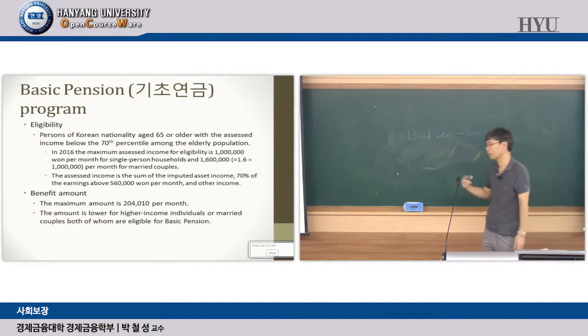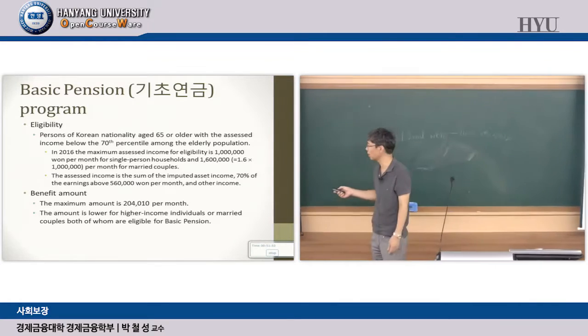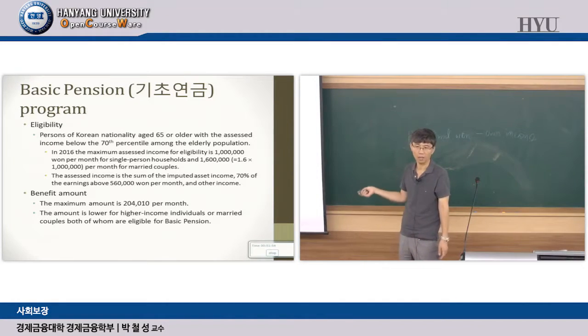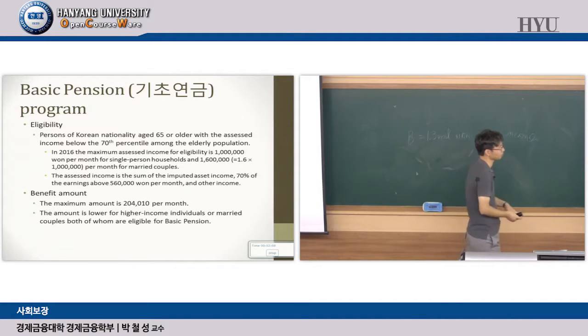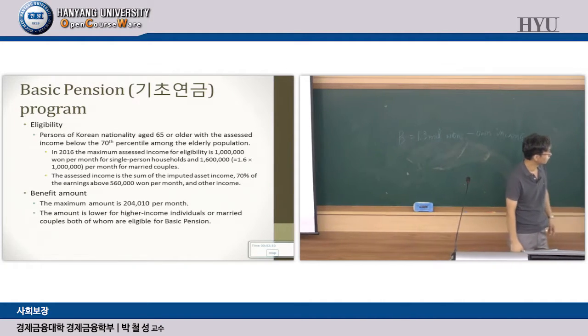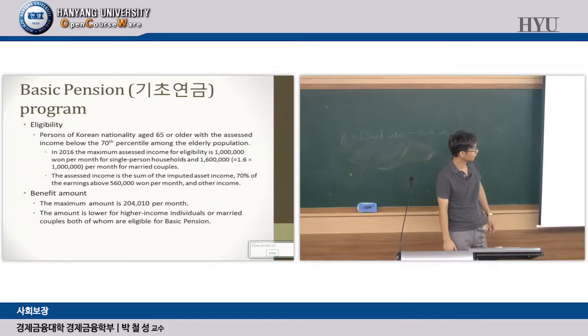Okay? So there is a way of calculating. You should look at the website to see how it works. But anyway, the idea is pretty much the same as the welfare program. Okay? Just this welfare program is applied only to the elderly population. Okay? Got it?